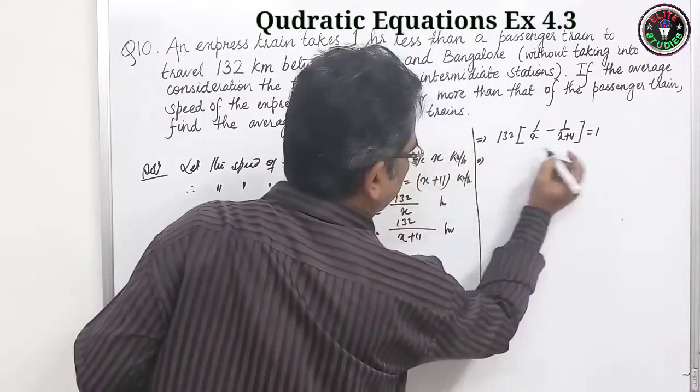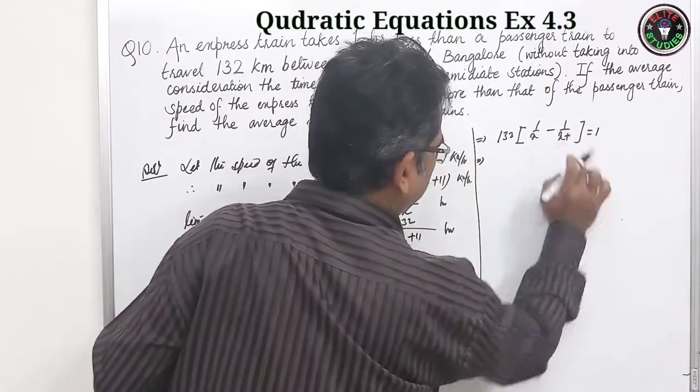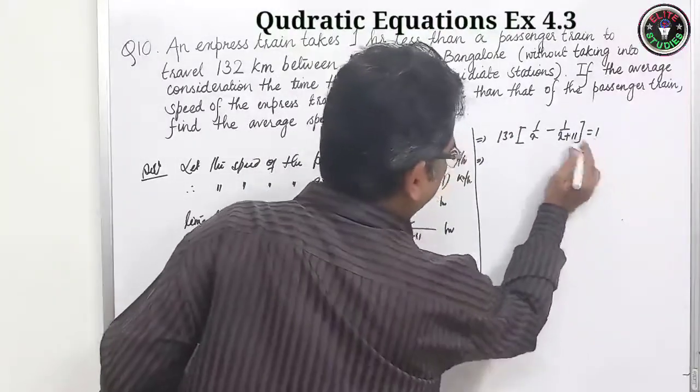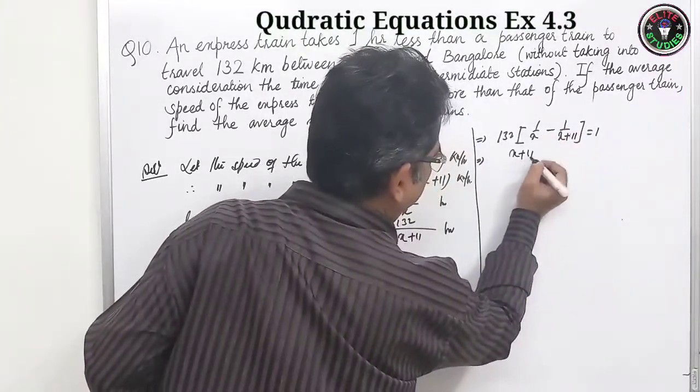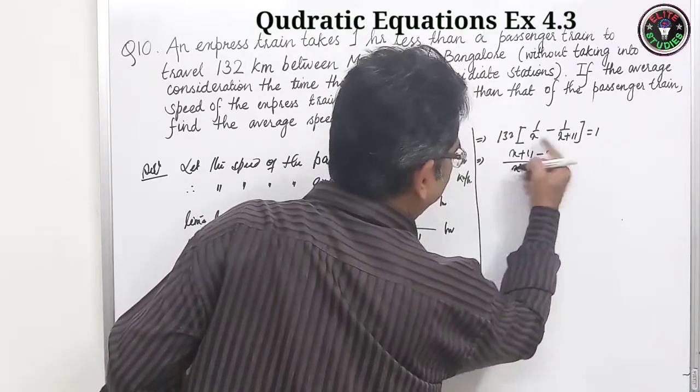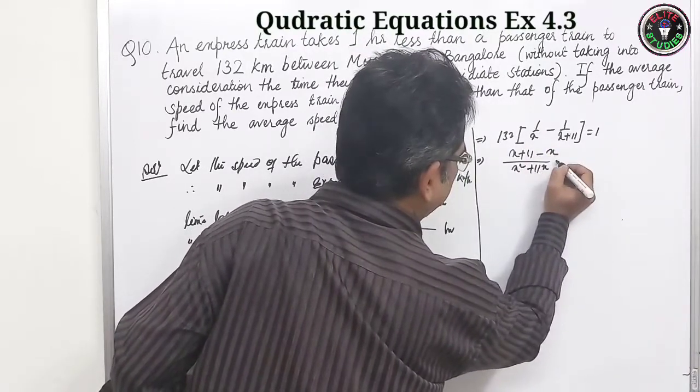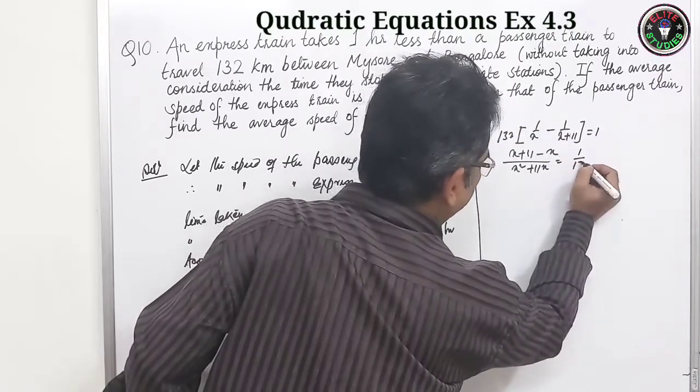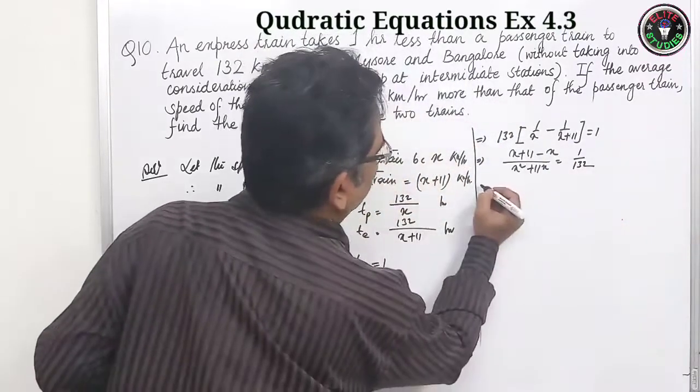So it gives you what? x plus 11 minus x by x into (x plus 11), that is x square plus 11x, is equal to 1 by 132.